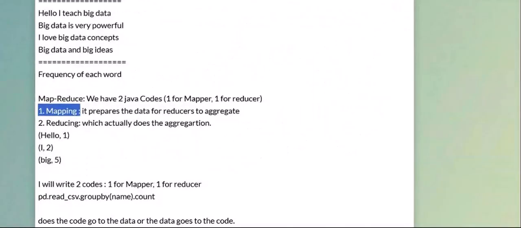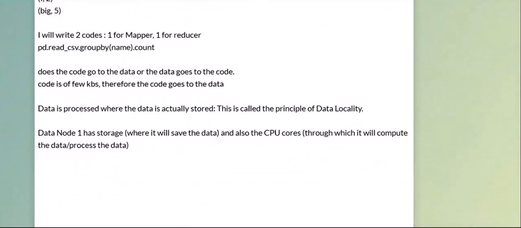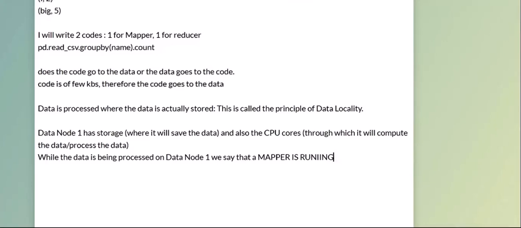Let me write it here. While the data is being processed on data node 1, data node 2, data node 3, data node 4, we say that a MAPPER is running.